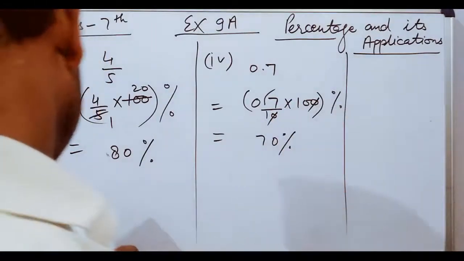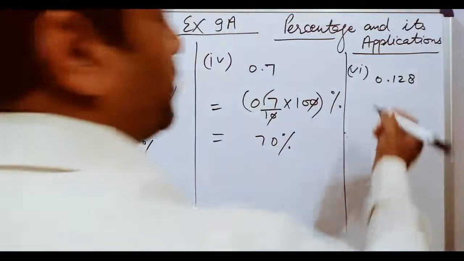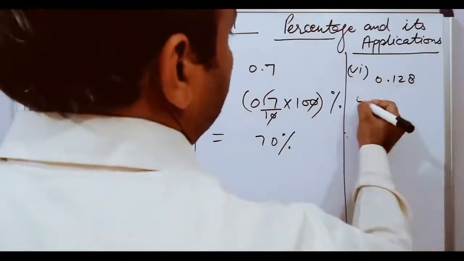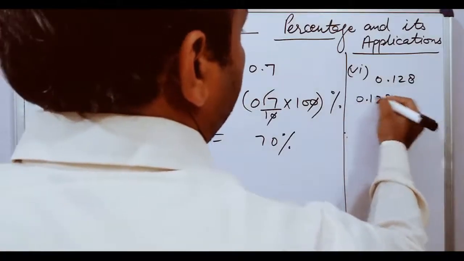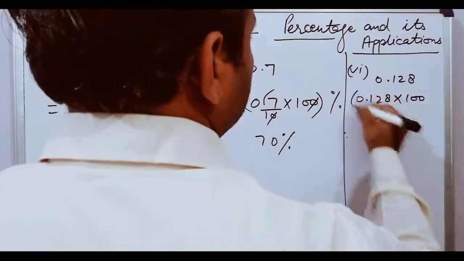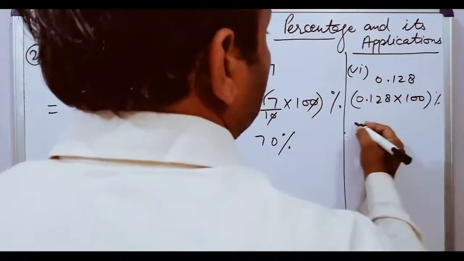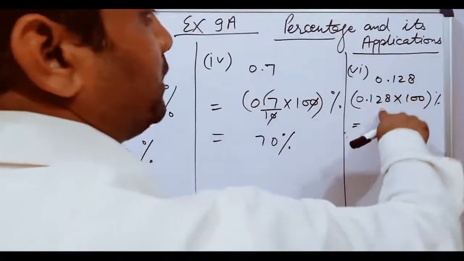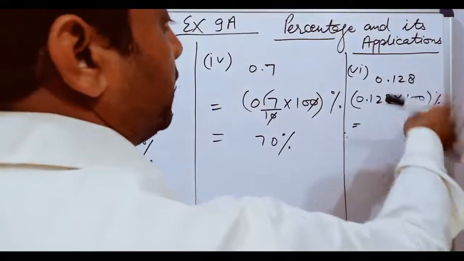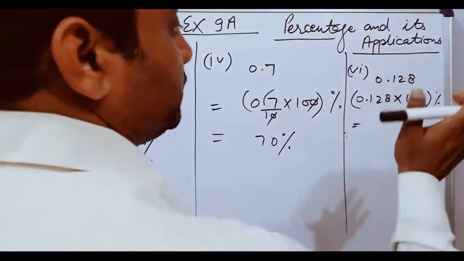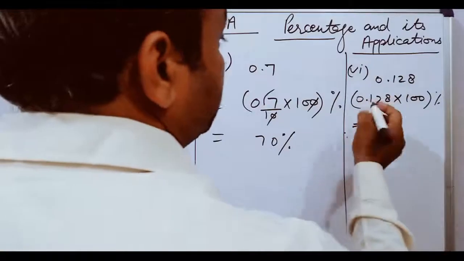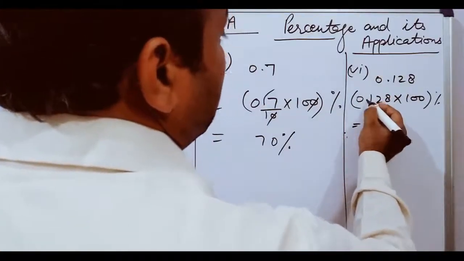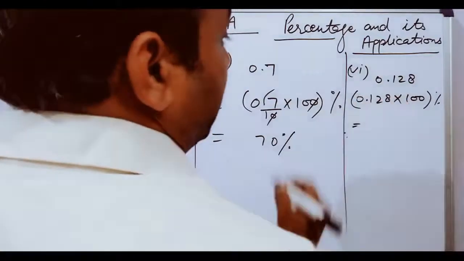Now one more part, the sixth part. To convert it into percentage, we multiply by 100. So dear student, I taught you, when we multiply a decimal number by 10, 100 or 1000, 10,000, okay, then what we do, we adjust the decimal.